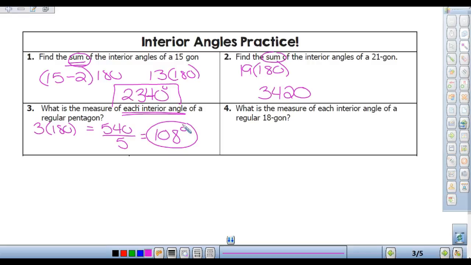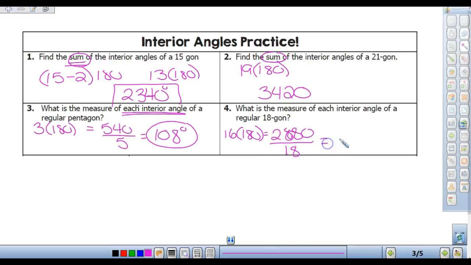Okay, and 18-gon. What do I multiply by 180? I'm taking 16 times 180 to give me 2,000 what? 880. But when I divide it to say how much one is, I'm dividing by 18.